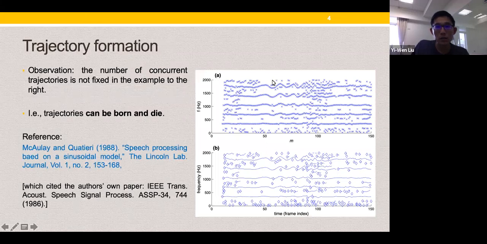Okay, so let's talk a bit about trajectory formation. Recall that last time, in a quick overview of sinusoidal modeling, I presented this example of a female singing voice, and you see vibrato in here. This just detects up to so many peaks every frame.